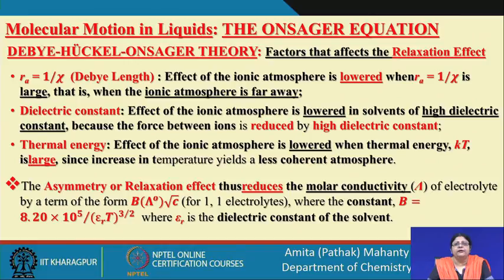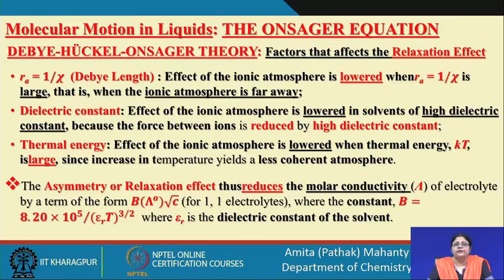So, if you have high temperature, higher dielectric constant and a higher Debye length value, then you have a reduced effect on the relaxation. The parameters affecting the relaxation effect are reduced.